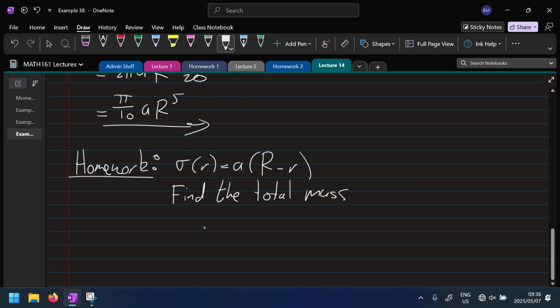And a little hint there: remember, sigma was the dm by dA. So find the total mass m. Okay, any questions on this example? All good. And the homework, any issues?